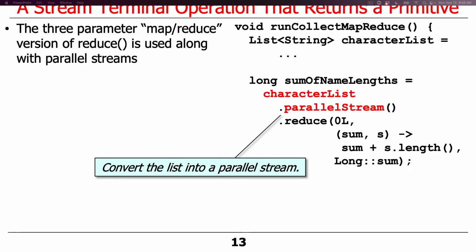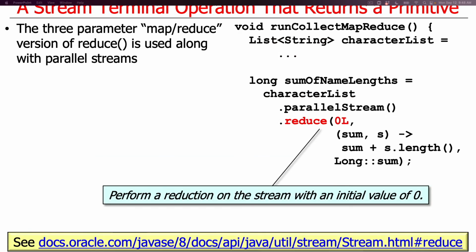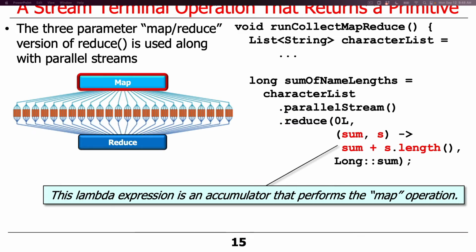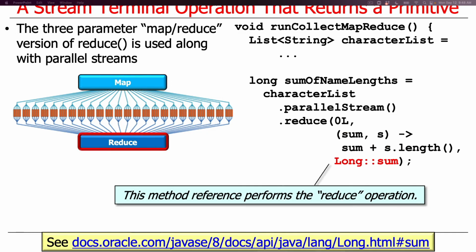And then down here, in parallel, we're going to give an initial value of 0. And then we're going to pass in the accumulator, which is going to keep a running sum of the lengths of each of the character names. And then this third parameter is the reduction that adds those things together.